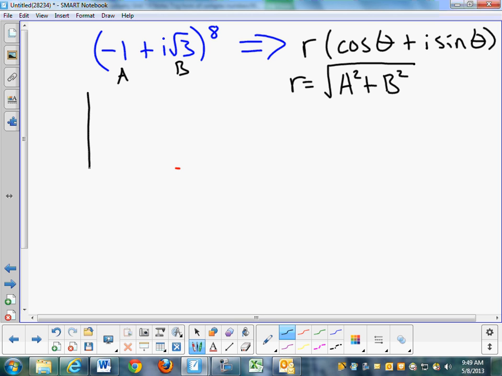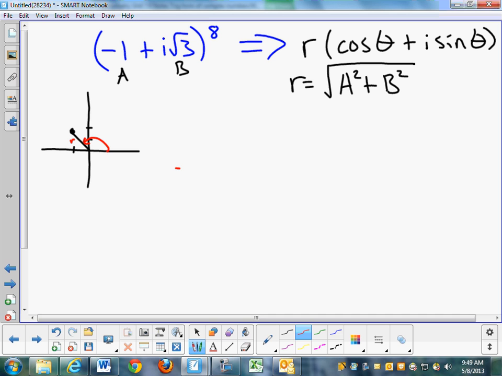Because remember yesterday we plotted that point, right? We said back 1 and then up the square root of 3. So that's approximately what we have. We're trying to come up with an r value and a theta value. The r value is going to be this length right here.